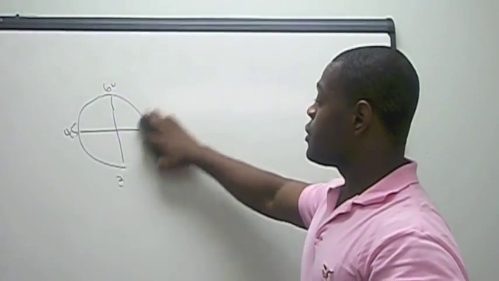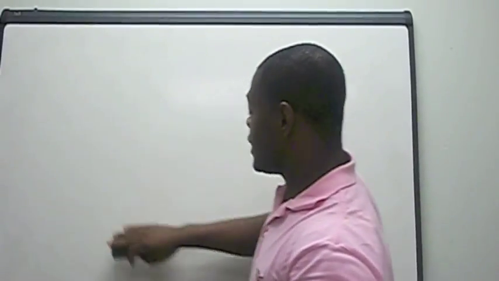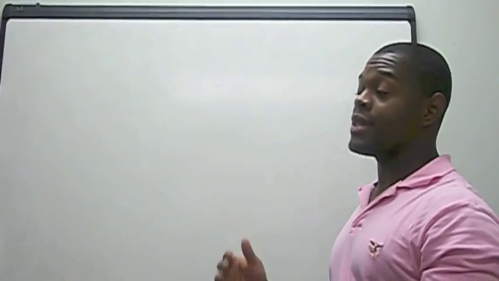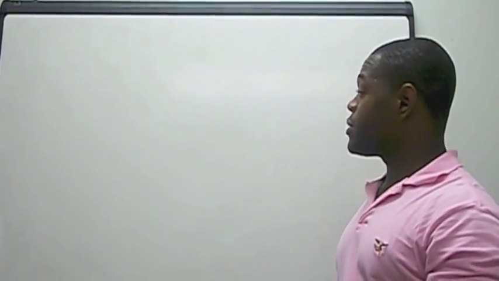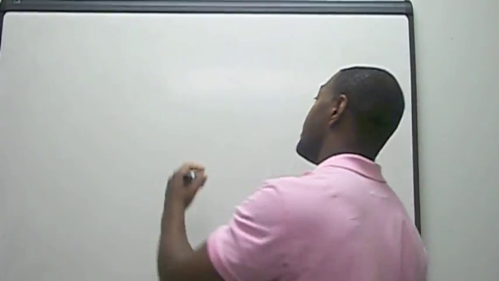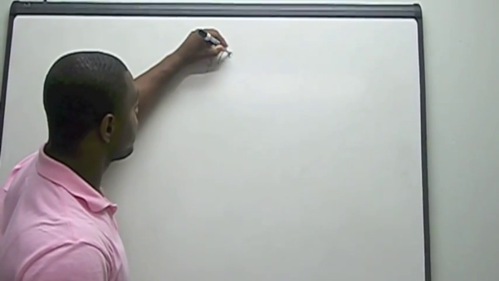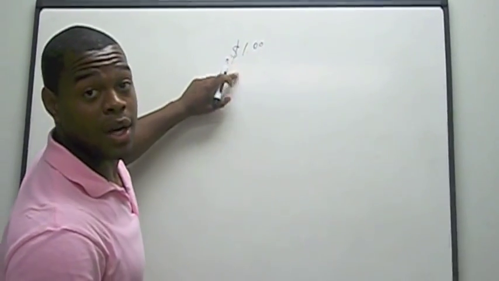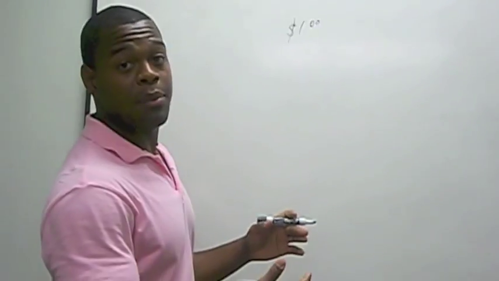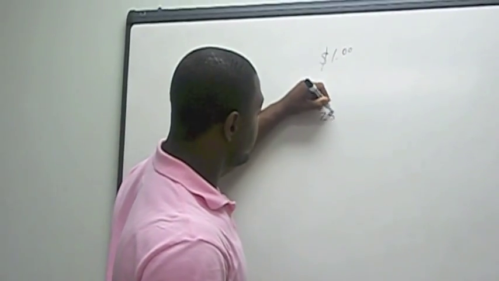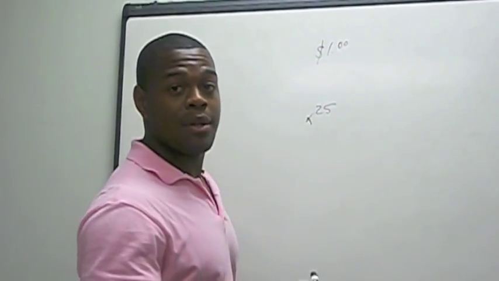Another concept they're going to test you on is anything dealing with 25, 50, 75, 100. This is because it's based on a dollar. Anytime you see, let's write $1 right here. This is also 100. So anytime you see something, let's say 25 times 6.